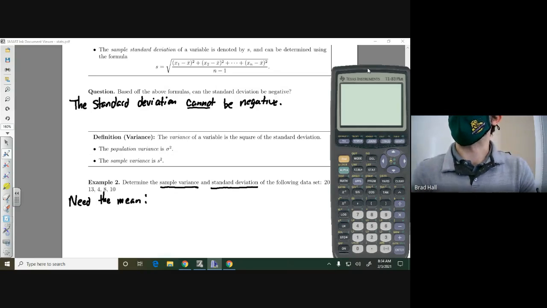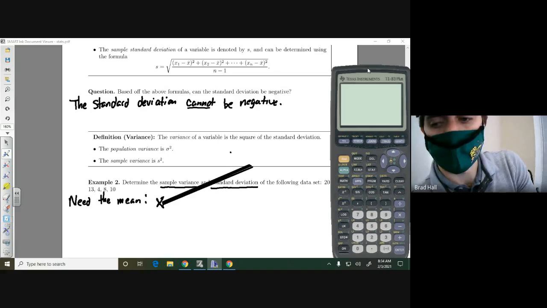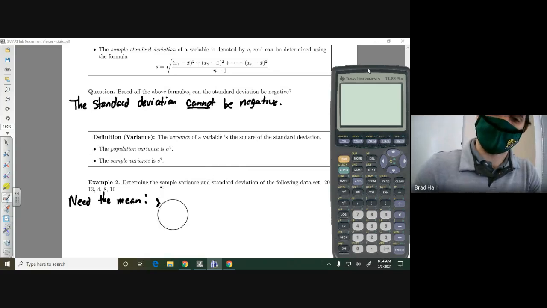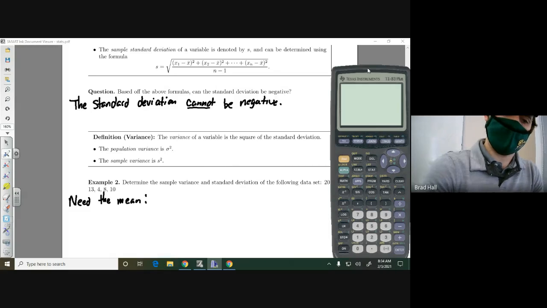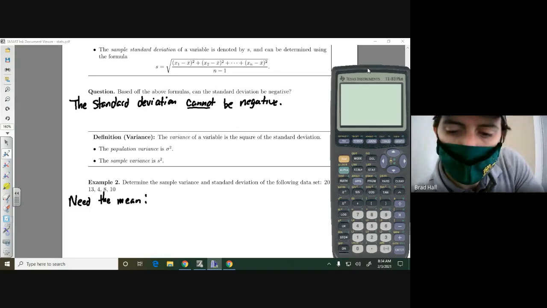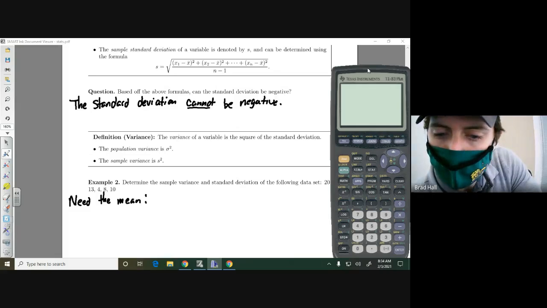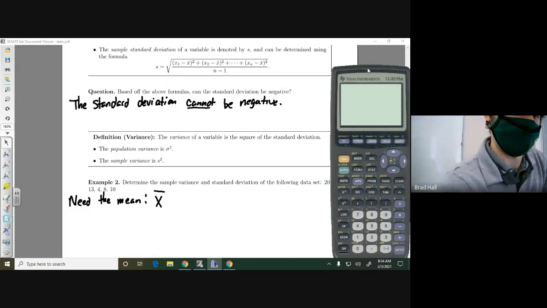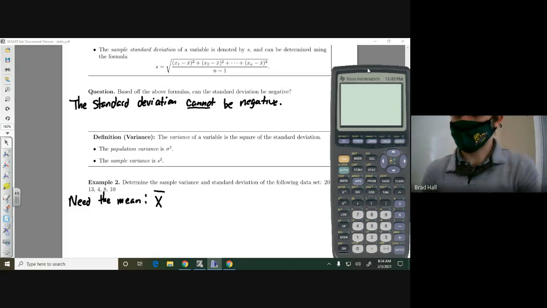We're going to use the sample mean because we're looking for the sample. And you can find that whichever way you'd like.